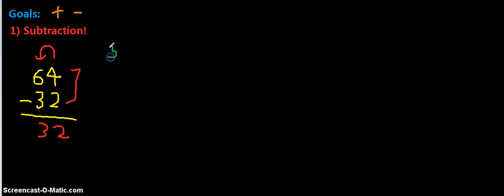So let's go with a pretty tricky problem. Yep, a 5-digit subtraction problem. So we've got 42,000 up here, and we've got 134 down here.